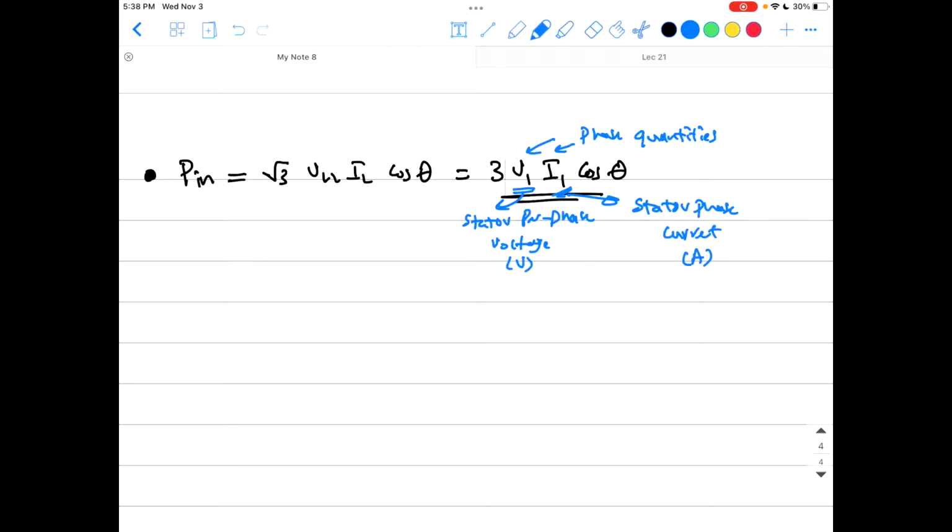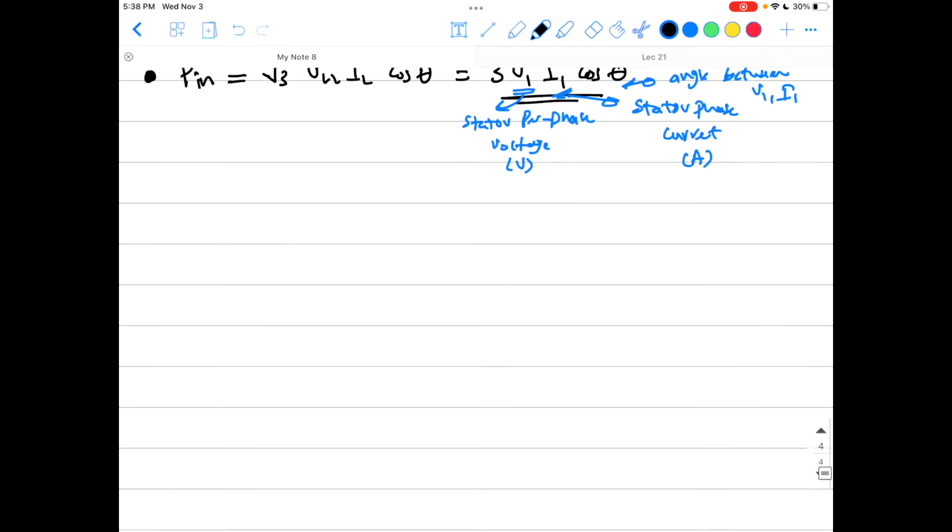And theta is the angle between V1 and I1. If you want to calculate it in phase, multiply it by 3 because they're 3 phase quantities. If you want to calculate it in line to line, use multiplication by square root of 3. Don't get confused.